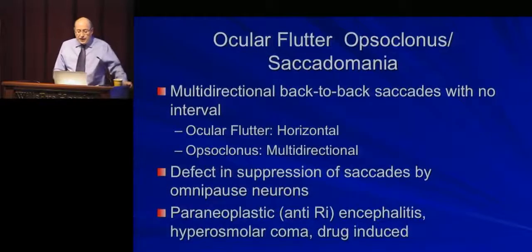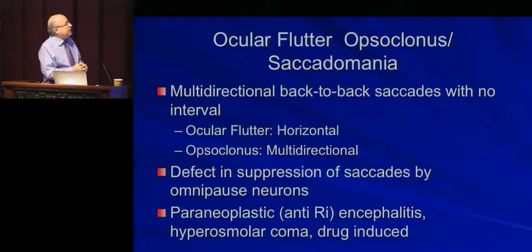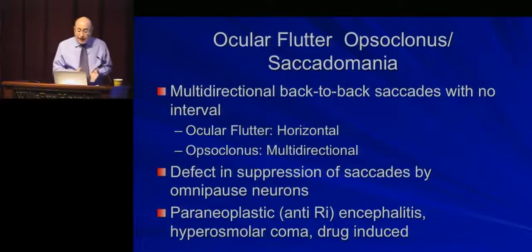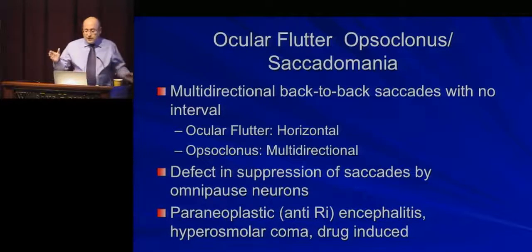So ocular flutter or opsoclonus is also called saccadomania, are multidirectional back-to-back saccades with no interval in between. If it's only horizontal, it's flutter. If it's multidirectional, it's opsoclonus, and it's a defect in suppression of saccades by the omnipause neurons. So what do you have to think about when you see these?